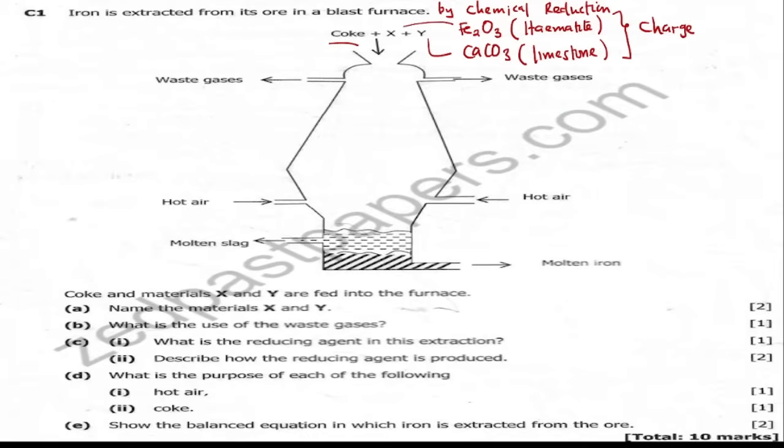Okay, so as you can see there, we have the waste gases. Okay, we also have the hot air, then we have the molten slag and the molten iron. Now, this so-called hot air, what is its specific use?